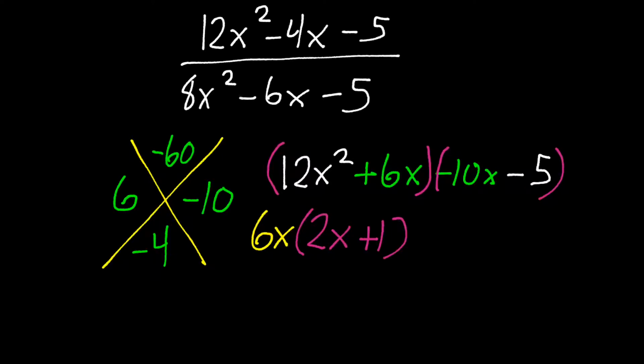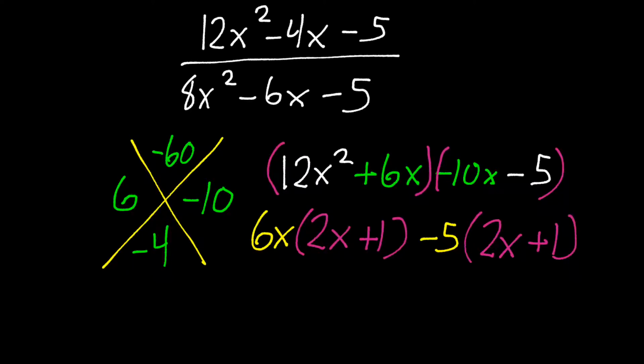Now I'm going to look at the next one. They both don't have an x, but I can take out of both of them a negative 5. And if I factor out a negative 5, on the inside I'm left with 2x plus 1.